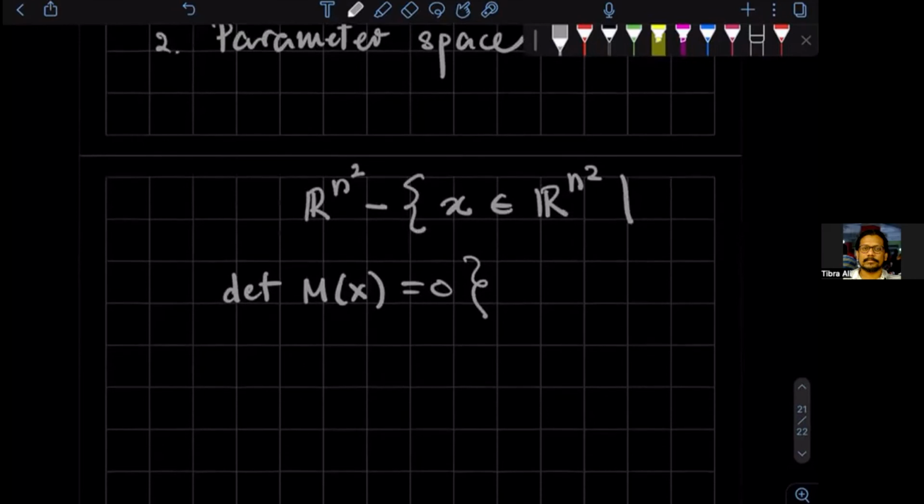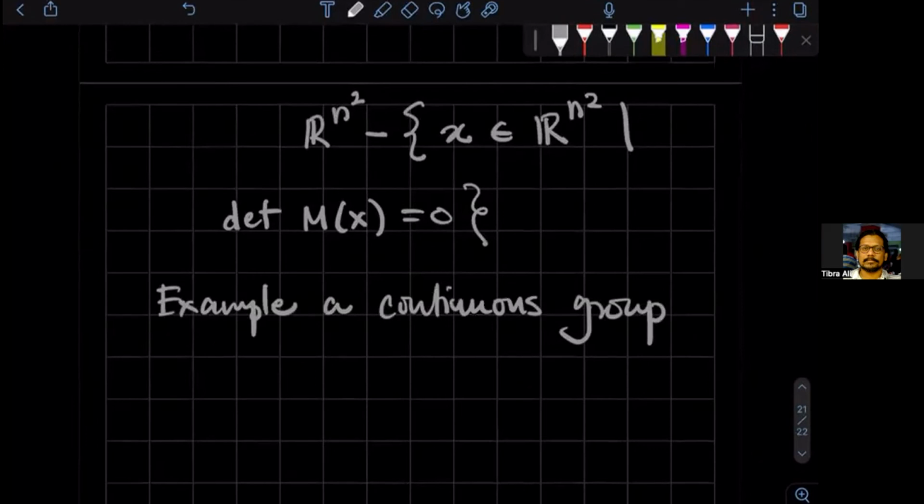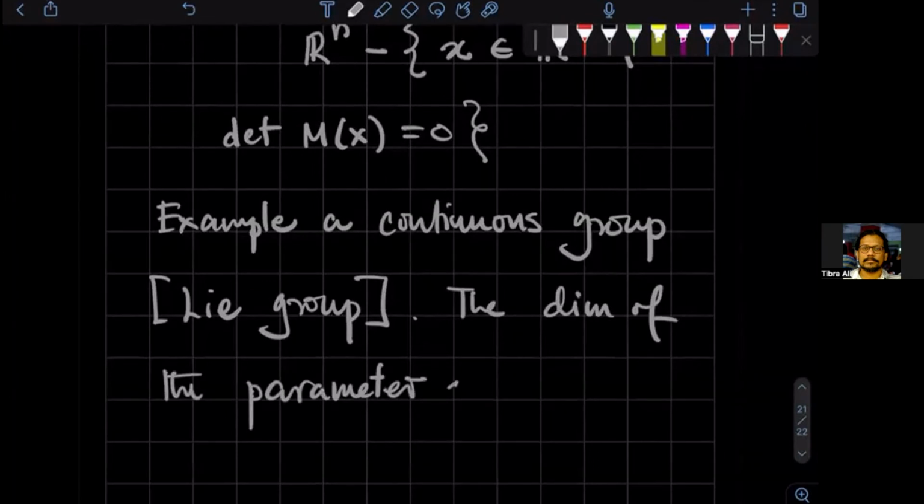And by the way, this is an example of a continuous group, which is also known as a Lie group. I'll introduce the concept later formally, but the dimension of the parameter space is called the dimension of the group.